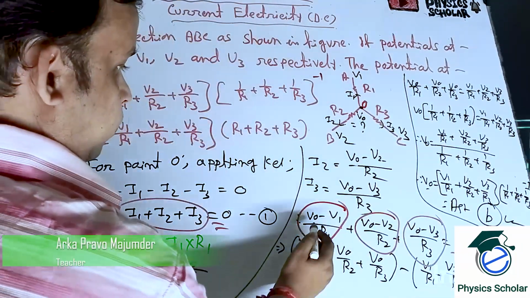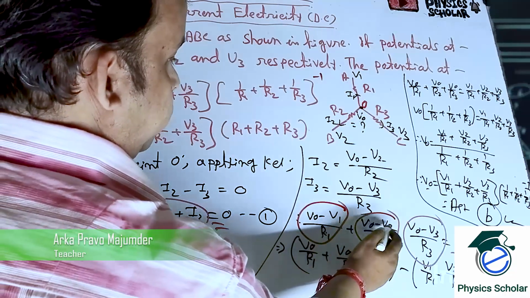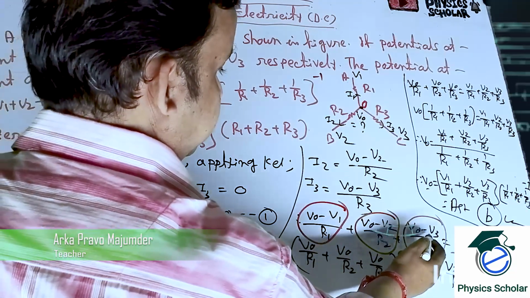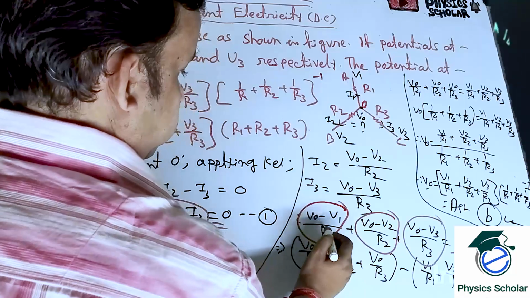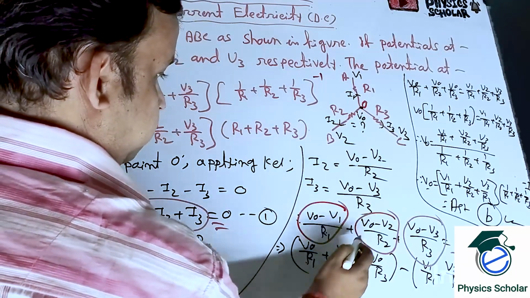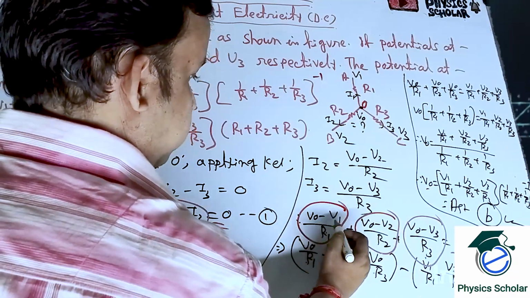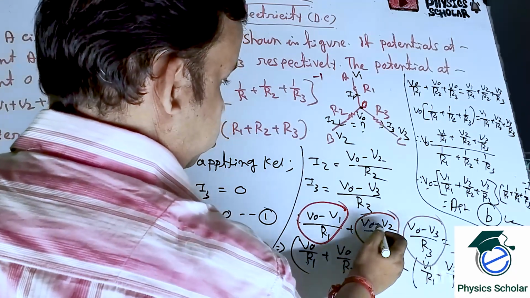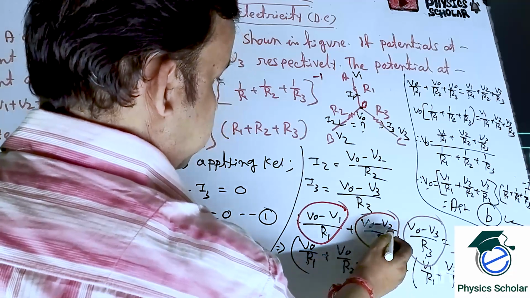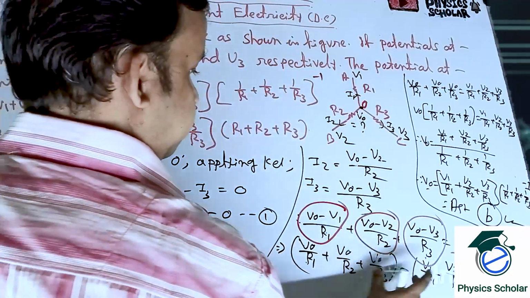So now we are separating: V0 by R1 minus V1 by R1 plus V0 by R2 minus V2 by R2 plus V0 by R3 minus V3 by R3. So V0 part we are getting together: V0 by R1 plus V0 by R2 plus V0 by R3, minus common, (V1 by R1 plus V2 by R2 plus V3 by R3) is equal to 0.